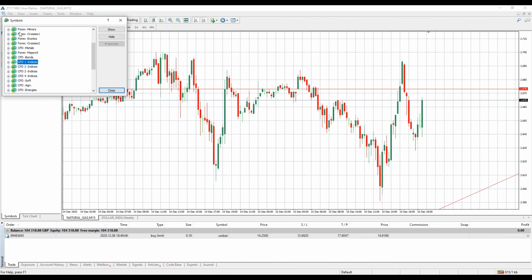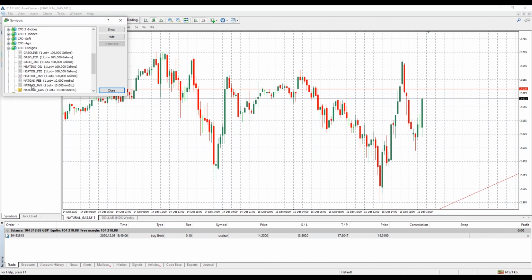We'll look at the energies, and we'll pull up crude oil if I can find it. Heating oil, natural gas, it's another one. We'll find it. We have more than one energies group.